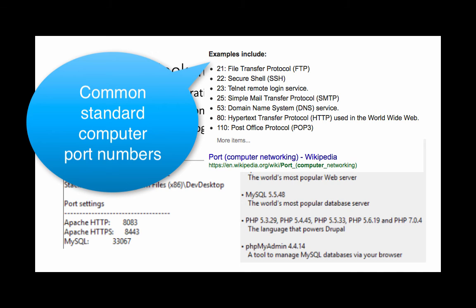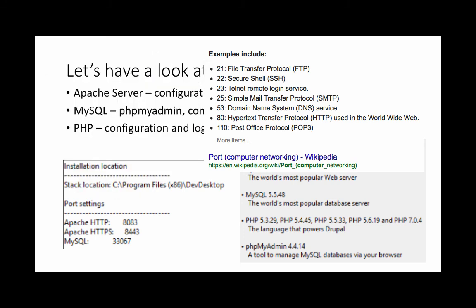A lot of the lower numbered ports are actually well-known standards, and so anything above, say, 1,000 is a little bit more private and harder for hackers to get into. And so a lot of the time on a development machine, automatically they'll use higher port numbers.